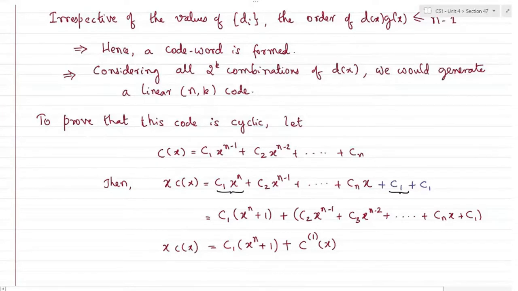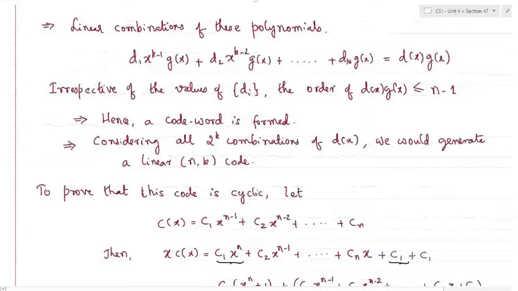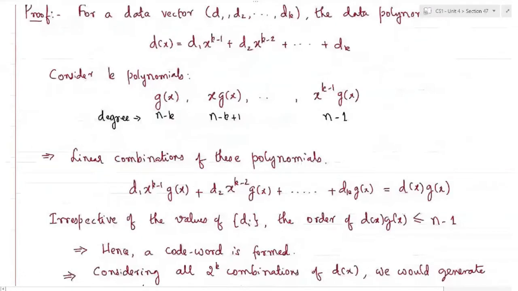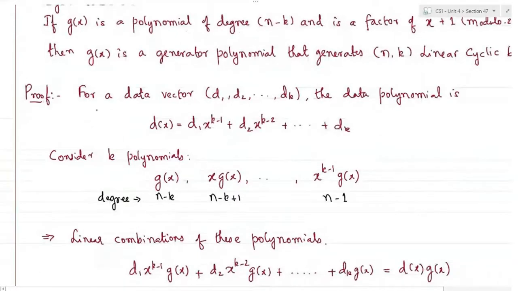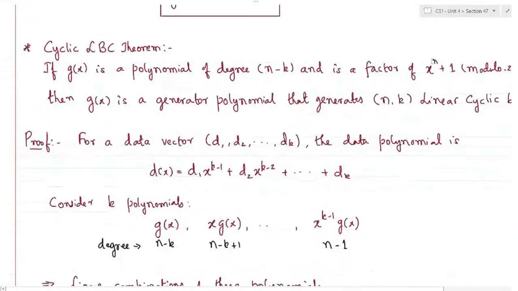Since we have assumed, if I check back the original assumption, that g of x is a polynomial of degree n minus k and is a factor of x power n plus 1.